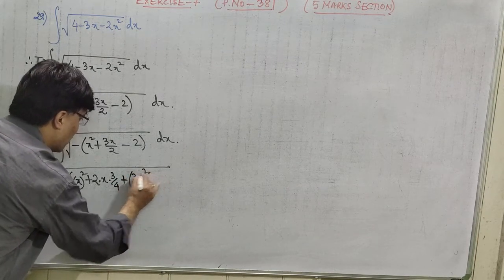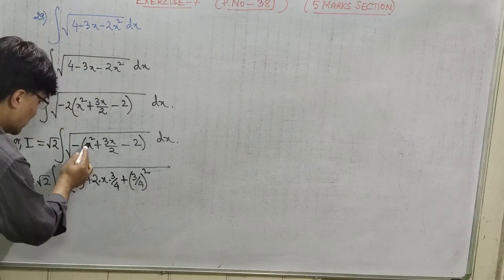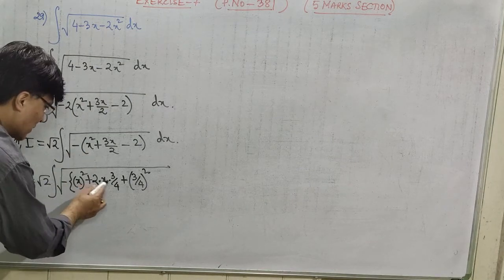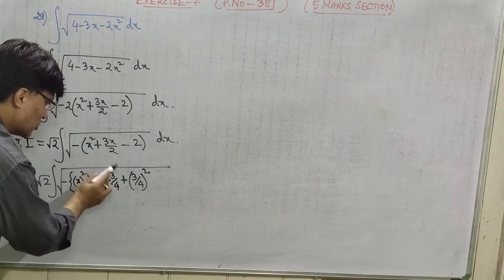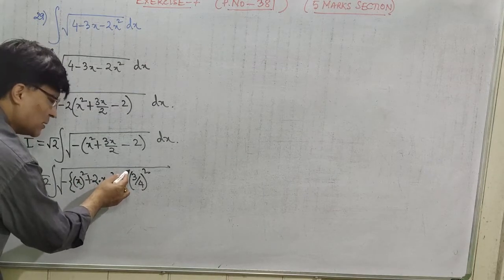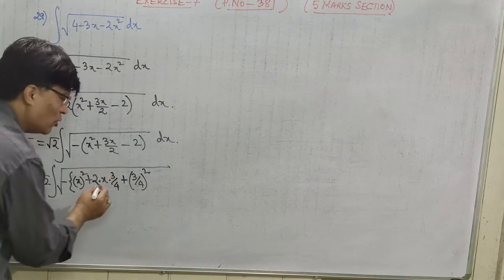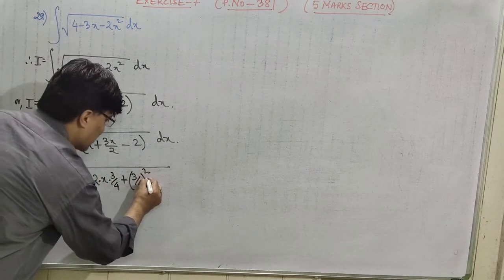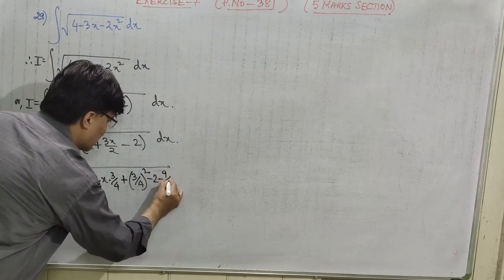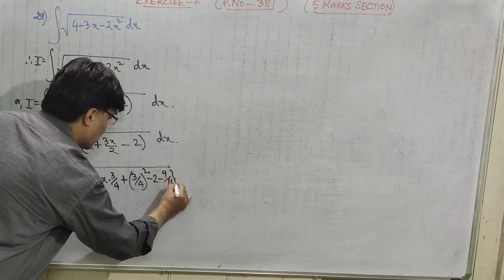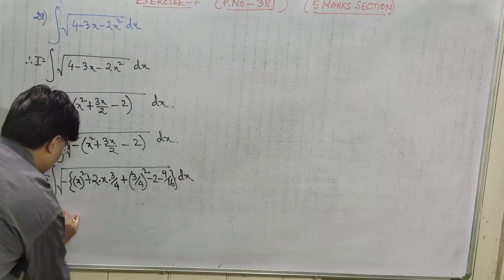It is 3 by 4 whole square. So this is your x square, right? This is 2 1s are 2, 2 2s are 4, that is 3x by 2 is also correct. But plus 3 by 4 whole square is 9 by 16. Is there 9 by 16? No, you should cancel it. First you write minus 2, then write minus 9 by 16. Second bracket close, then dx.